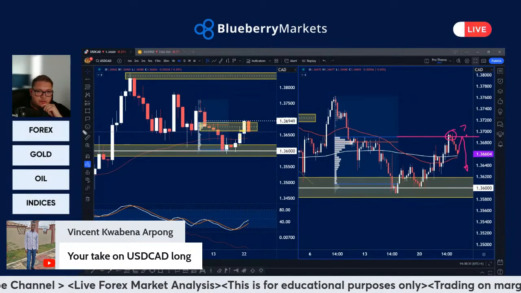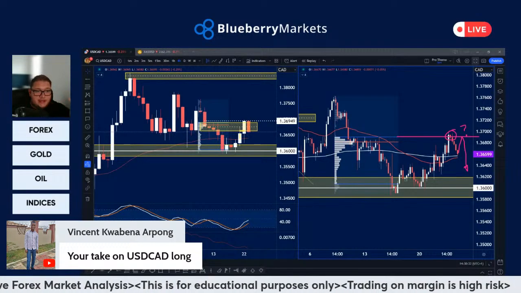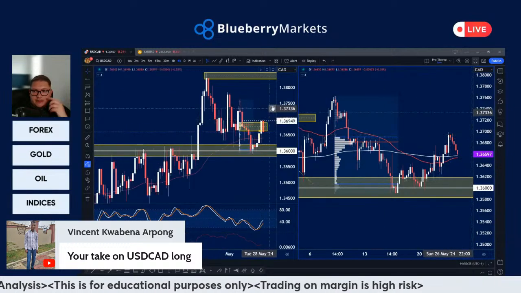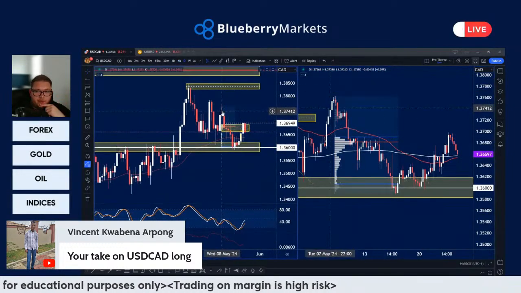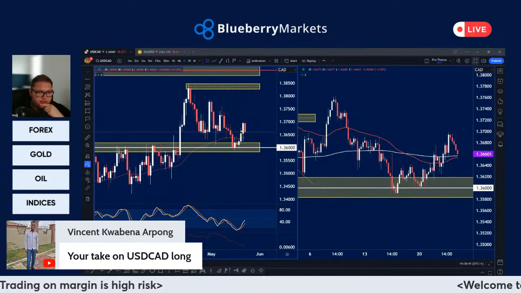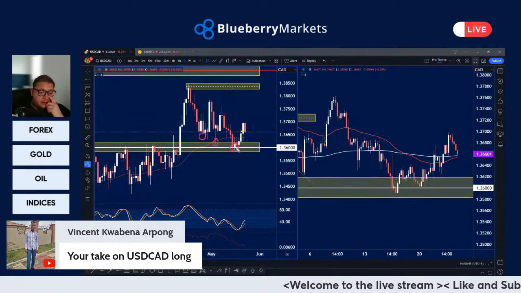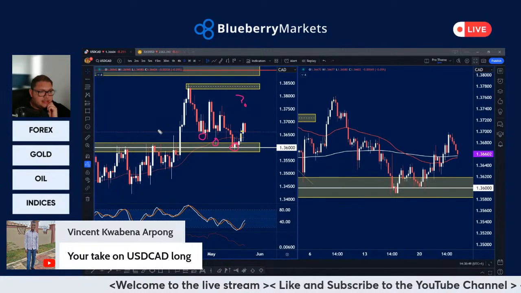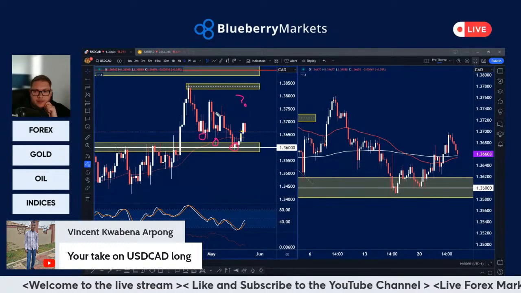My bias is still more on the short side, and the reason is that we've got a very similar pattern forming here to the one that formed on gold, where I talked about poor lows being formed. You've got a low here, low here, low here. What do you notice about the buying in this area? It's not been that aggressive.